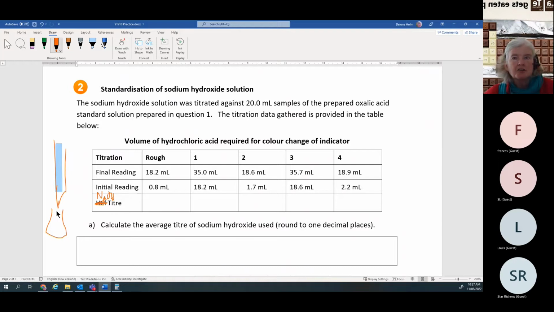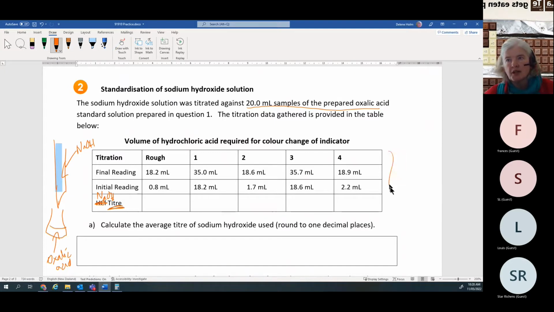So you've got 20 mL of oxalic acid in here, and because titer always refers to the burette, you've got your NaOH over there. It's always useful to make sure that you know what is what.